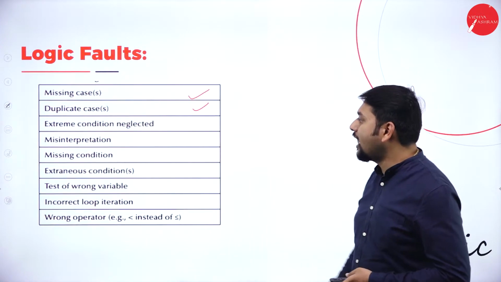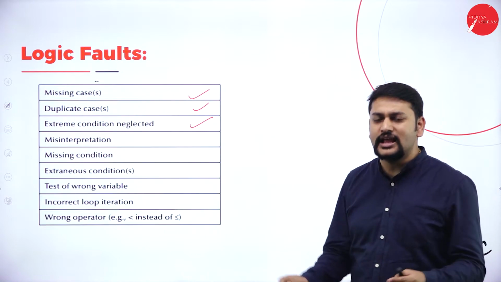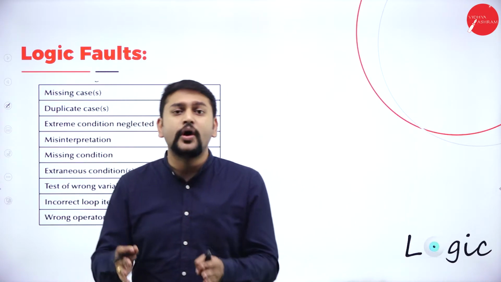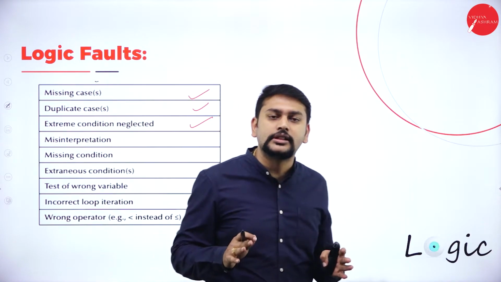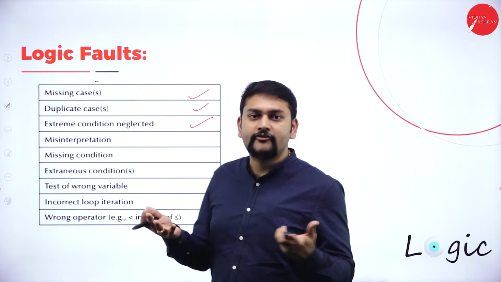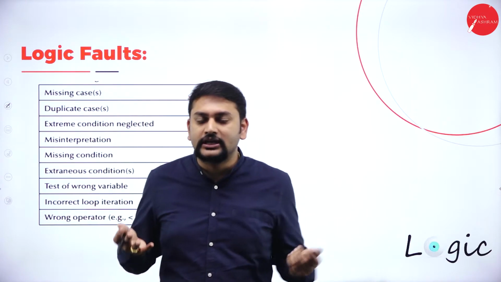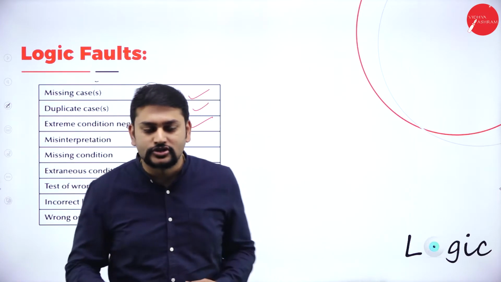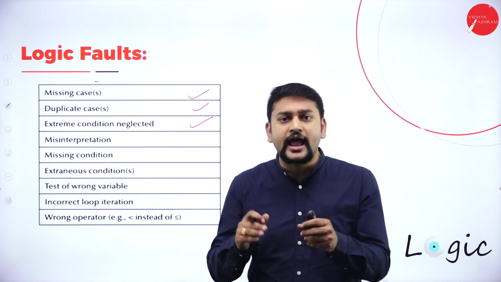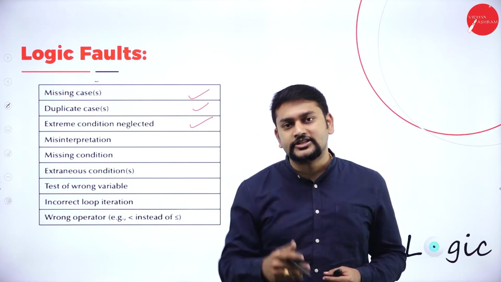And the next one that I have is extreme condition is neglected. So the main part of the logic, you have neglected, that is not there in your logic. Say for example, I have a software. Let me consider that as a birth and death registration system. In the registration system, I have to generate the certificates, the death certificate.